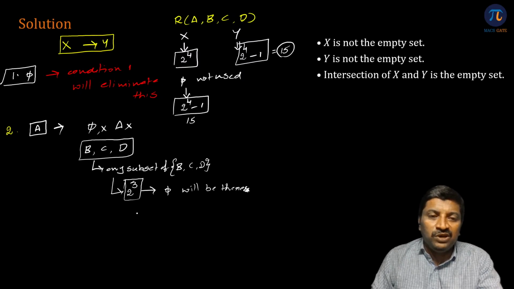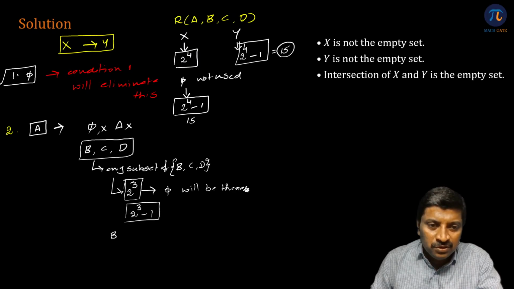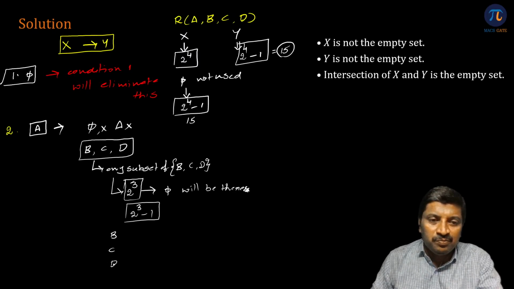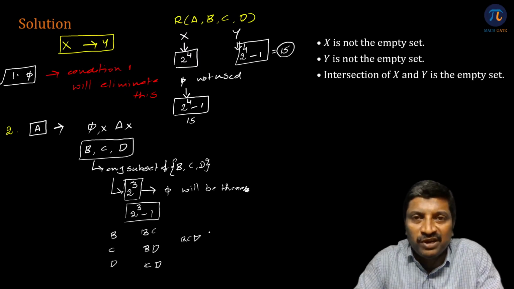So I need to consider only 2 power 3 minus 1. Since it is only 3 elements, let me list them out: B, C, D, BC, BD, CD, BCD. These are the 7 possible values for Y.